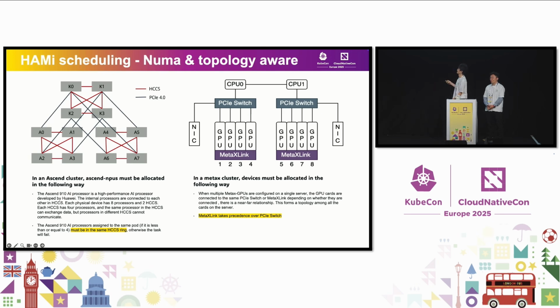For that reason, we can observe the topology between each GPU along with the network topology. By doing that, we can allocate the nearest GPUs for this AI training job to minimize the communication cost. It has been applied to NVIDIA, Ascend, and Metax devices.